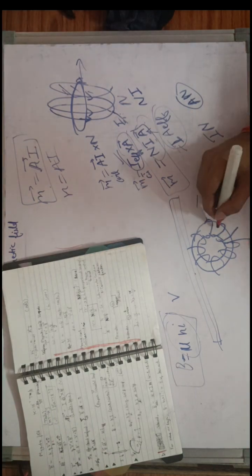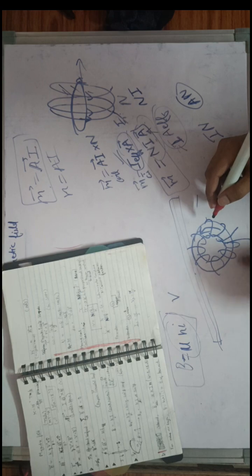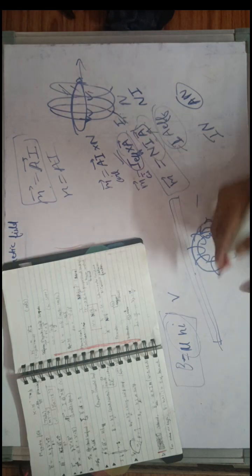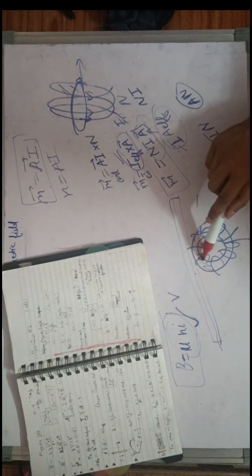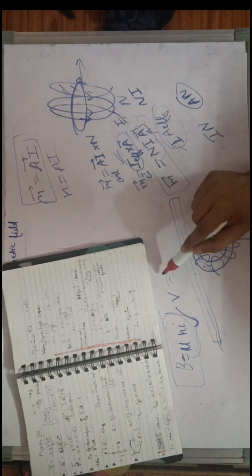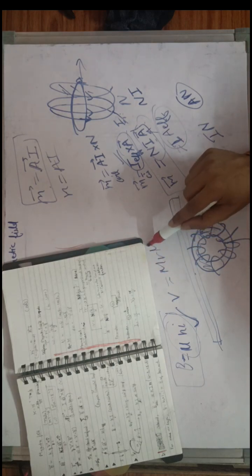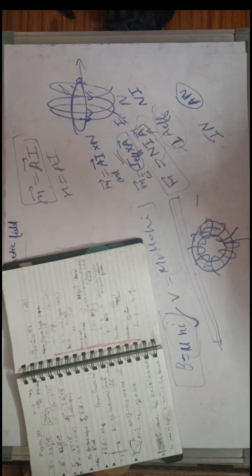And in this case, the magnetic field in this interior, inside this tunnel-like shape, is again equal to this mu Ni. And if this medium is filled with some material of magnetic permeability mu r, then this formula will become mu r into mu naught Ni.